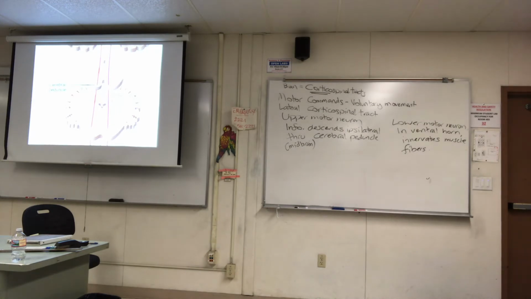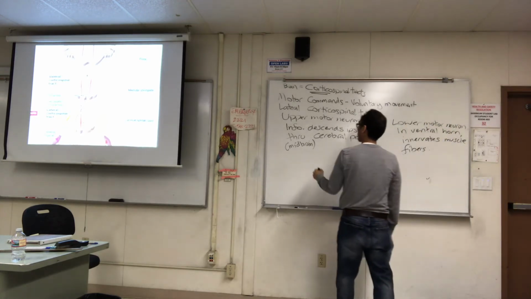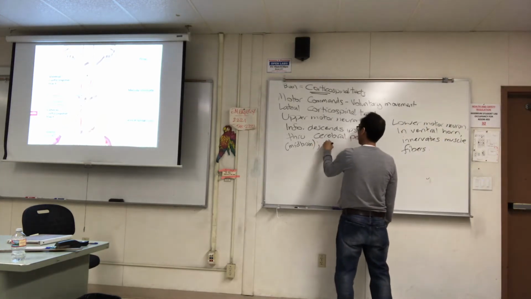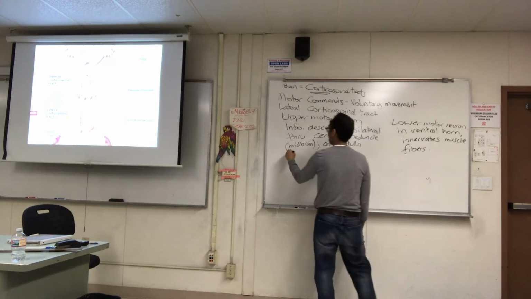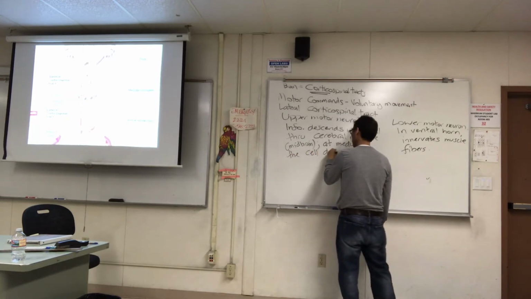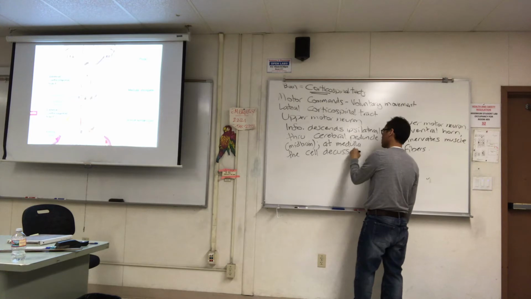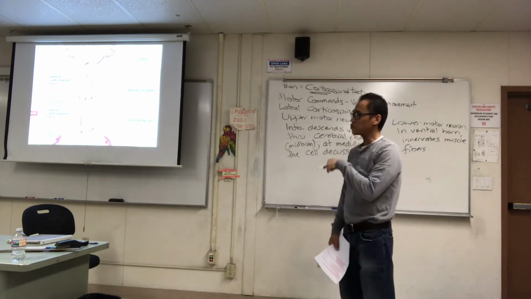Follow the purple line, not the red line. And when it gets to the medulla, that's where this pathway crosses over. It decussates. You can see that purple line cross over at the medulla. So at the medulla, the cell decussates, and then it continues to descend contralateral.